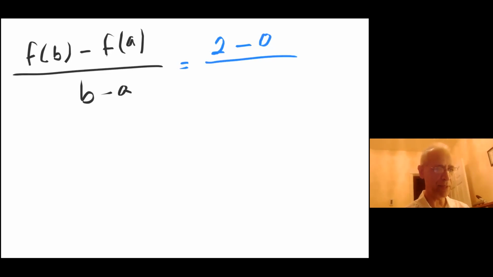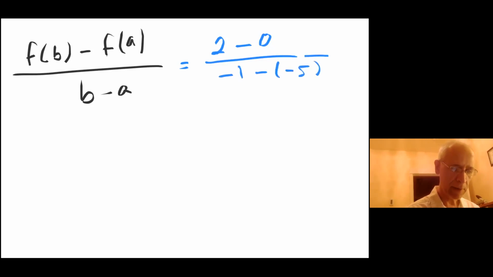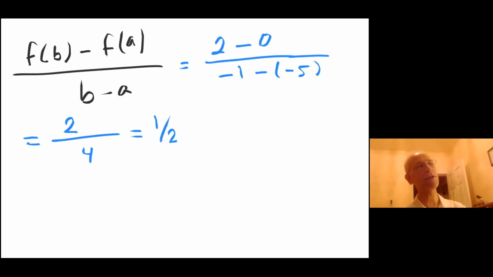And then I have b minus a, so I have -1 minus -5. That gives me a positive 2 over a positive 4, so that equals 1/2. So the average rate of change, or average slope, on that interval for f(x) is simply 1/2.